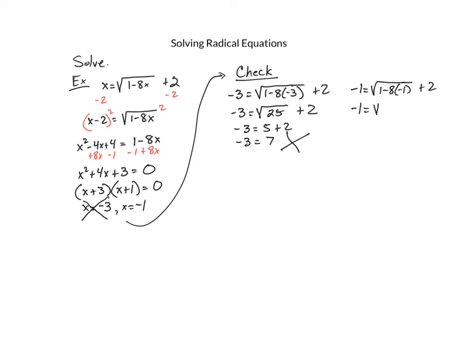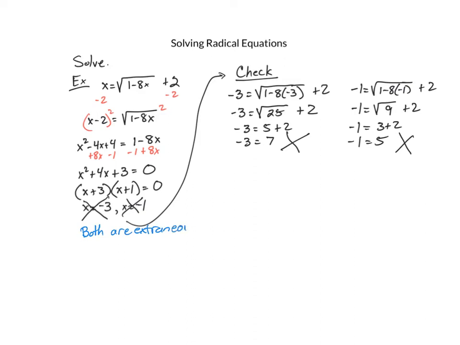Negative 1 equals the square root of 9 plus 2. So negative 1 equals 3 plus 2. And again, we get an equation that is not true. So in this case, both potential solutions are extraneous.